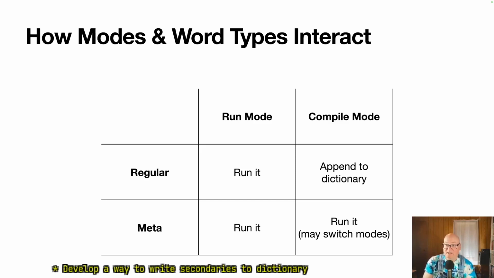The tricky thing about it is it can switch modes. So colon says we're going to compile something and it switches to compile mode. Semicolon says we just finished compiling something, switch it back to run mode. So those two actions have that effect. And then if and whatever else control structures we do are going to do it.